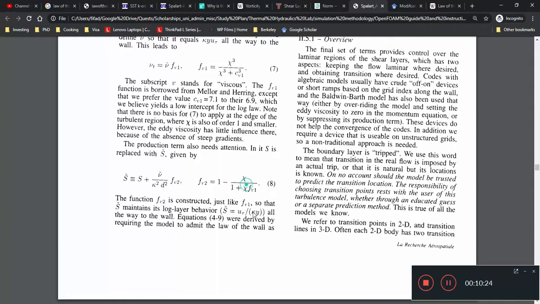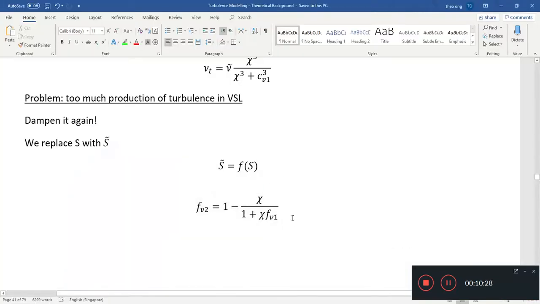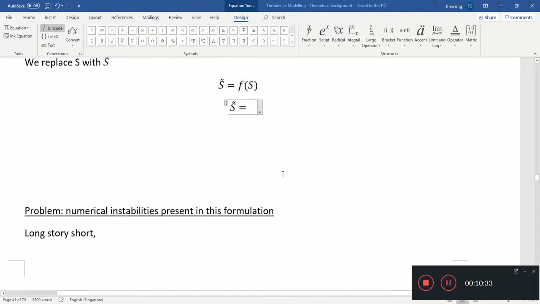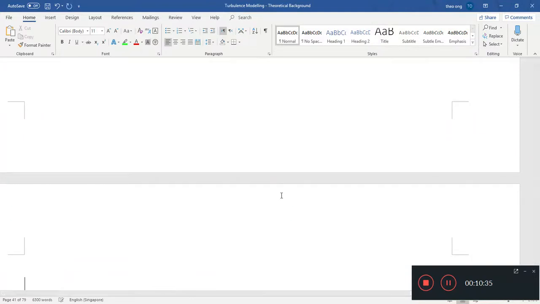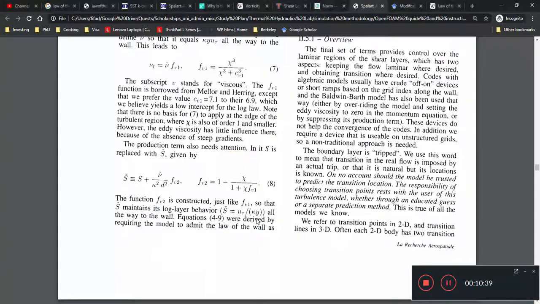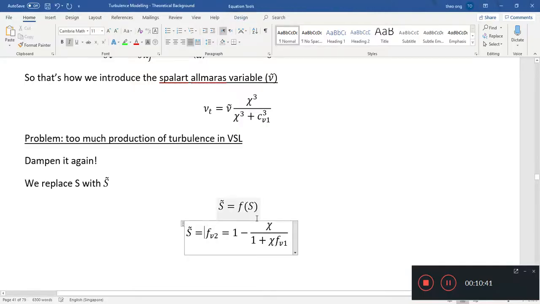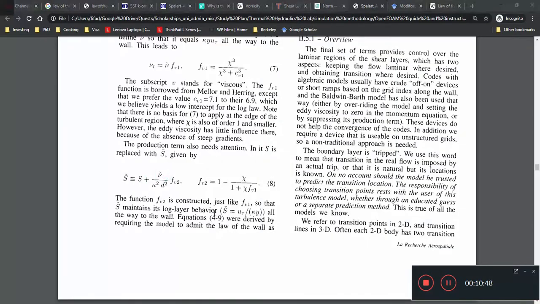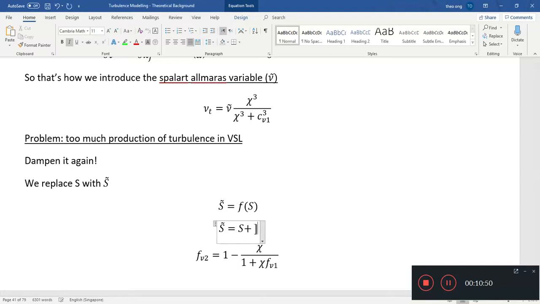And how do we dampen that? They use this form. S tilde equals S plus nu tilde over kappa squared d squared times FV2.